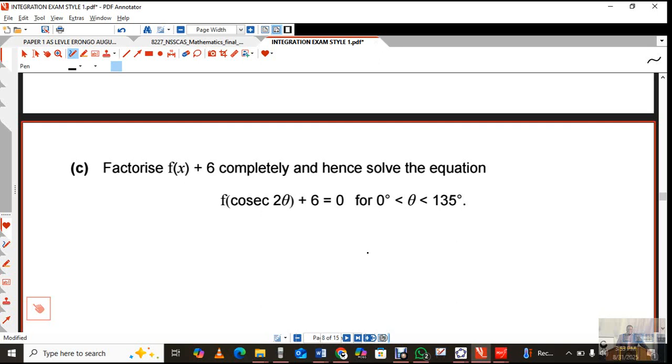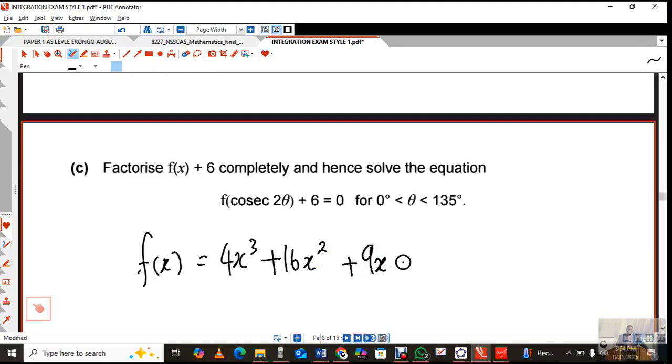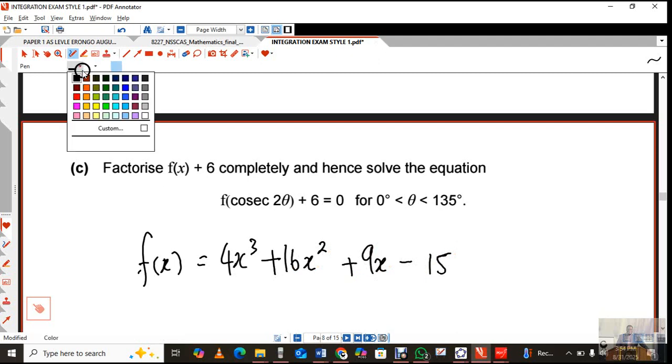And what I want you to take note of here is that if you look at f of x, the way it was given, f of x originally was given to us as 4x cubed plus 16x squared plus 19x minus 15, and it had a remainder of minus 6.